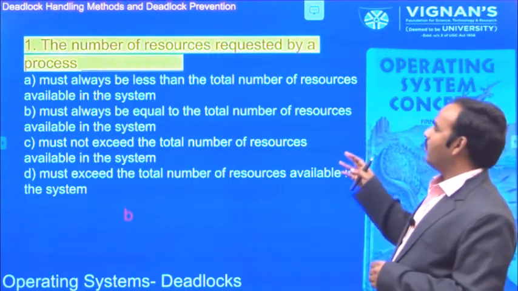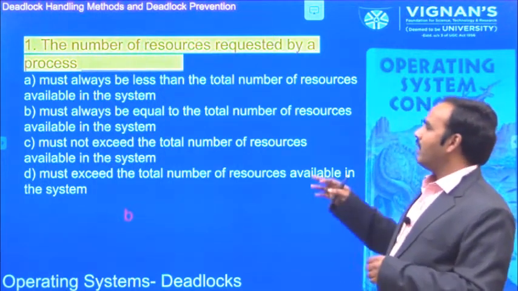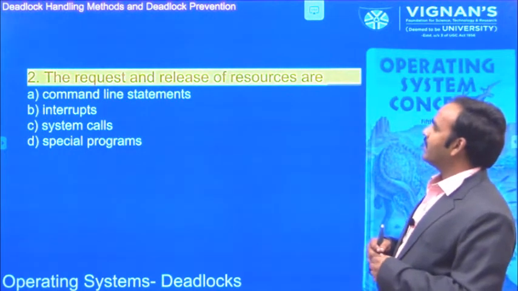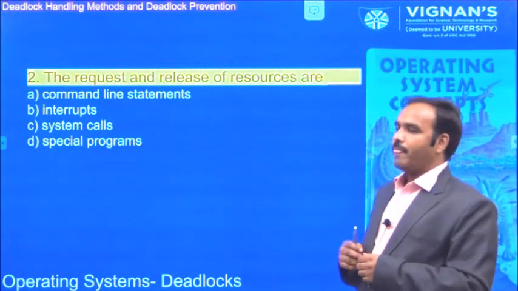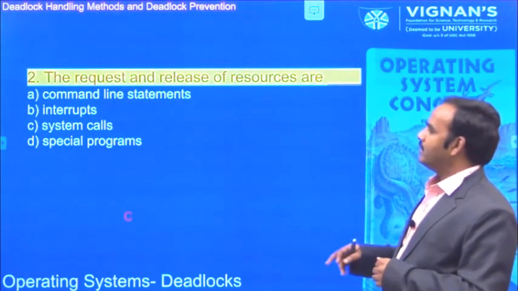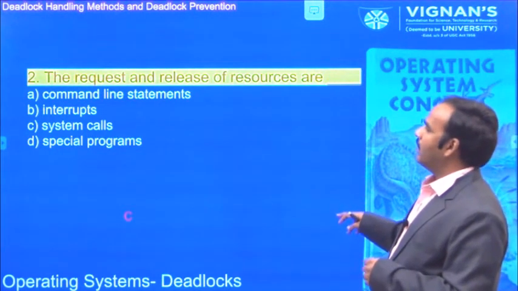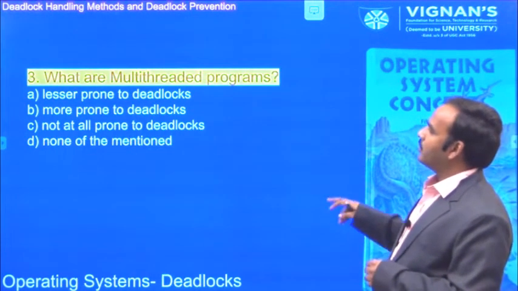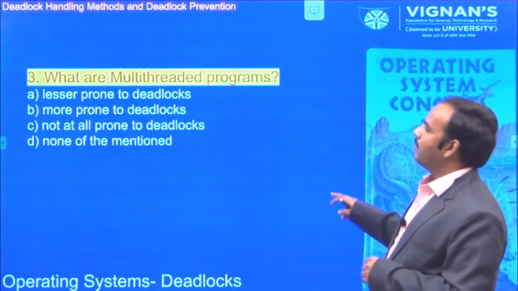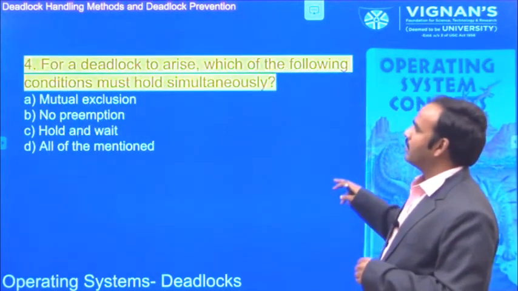Next, the request and release of resources are system calls. And next, multi-threaded programs are more prone to deadlocks.